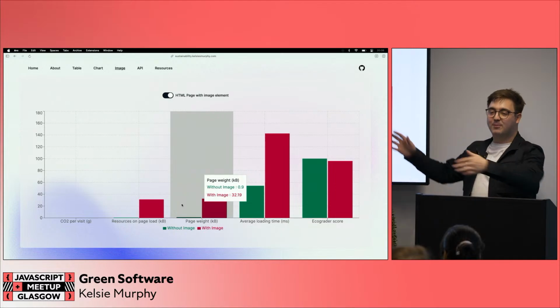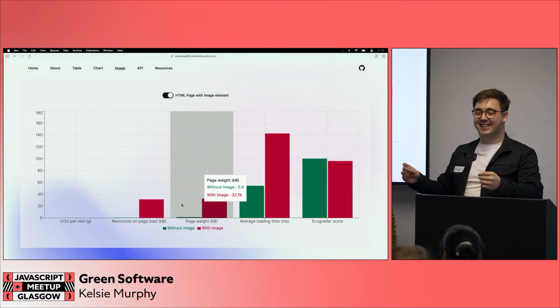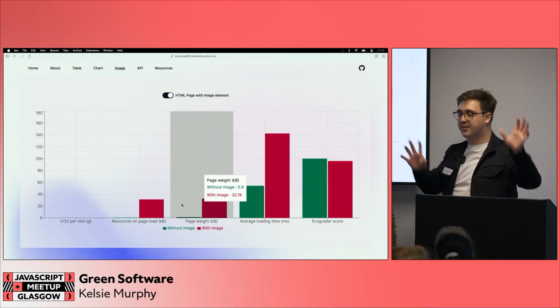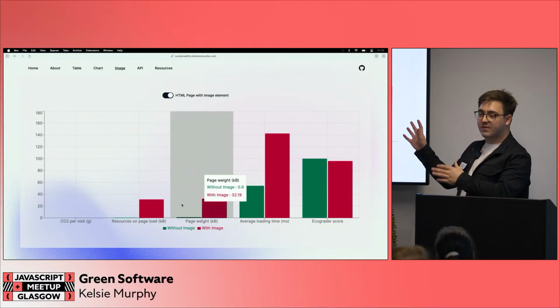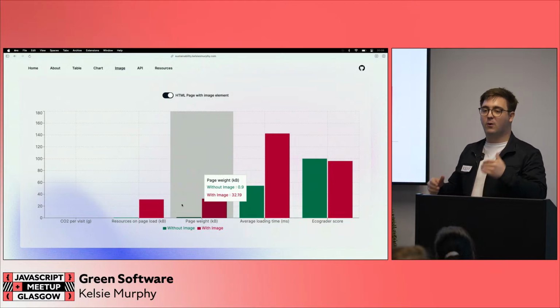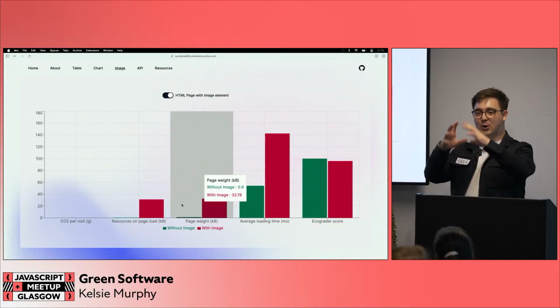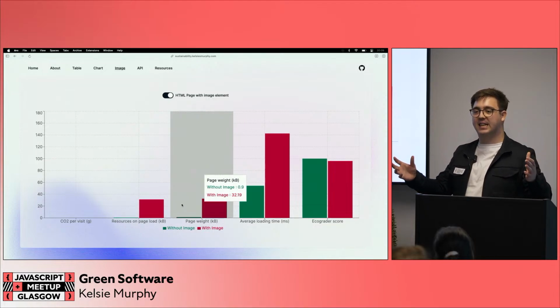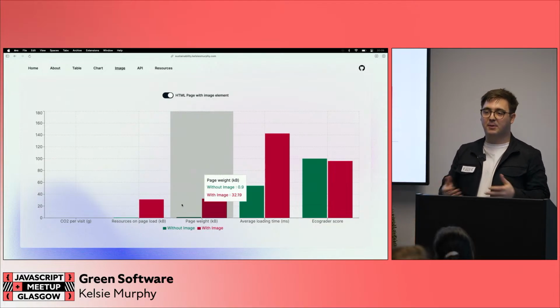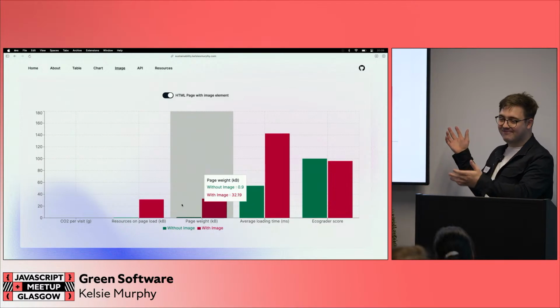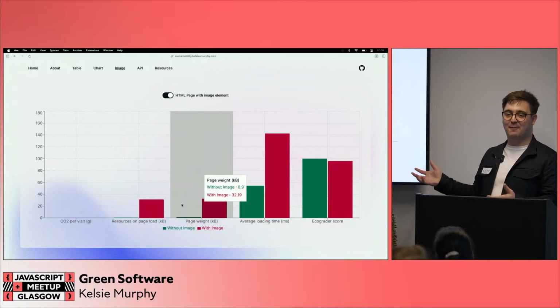But what I'm trying to emphasize here is that if you're building a website and you're not really thinking about it and you just throw on tons of images, your page weight is going to go up by crazy, and therefore the sustainability of the website, that overall rating for sustainability, is naturally going to go down. And it's something that's probably intrinsically understandable, but I'm just trying to show it with some data that I've put together.